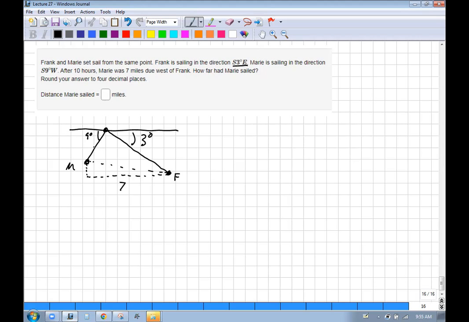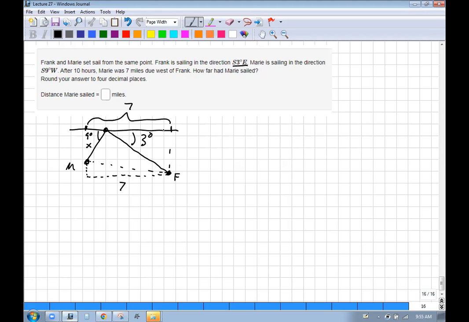We need to figure out what this is, right? How far has Mary sailed? It's going to take me a while. That means we project upwards here.